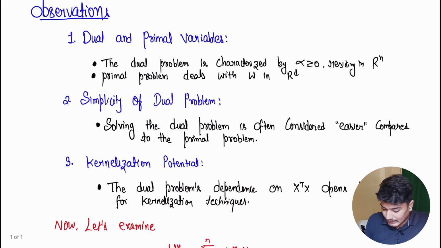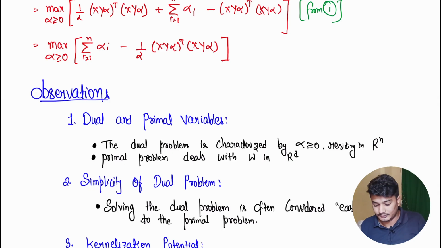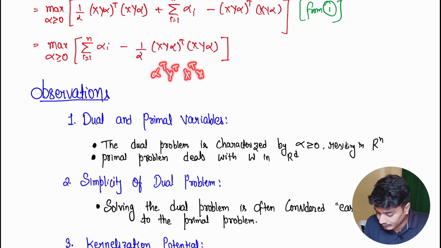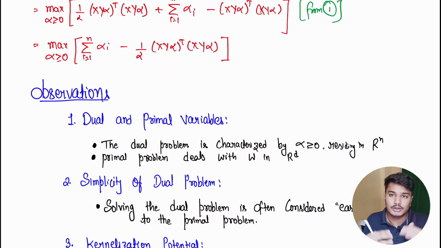So we examined this dual problem and we got this much, that yes, we can do this. Basically when you write it like alpha transpose, Y transpose, X transpose, X, Y, alpha, we get this X transpose X, that is the dot product. And when we get this, we can kernelize it, okay? So that's why we can use kernelization techniques to make it more optimized, right?